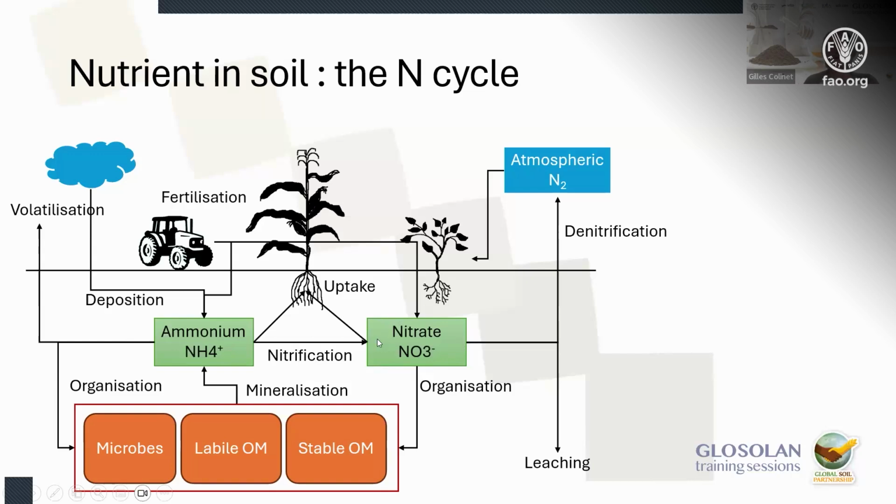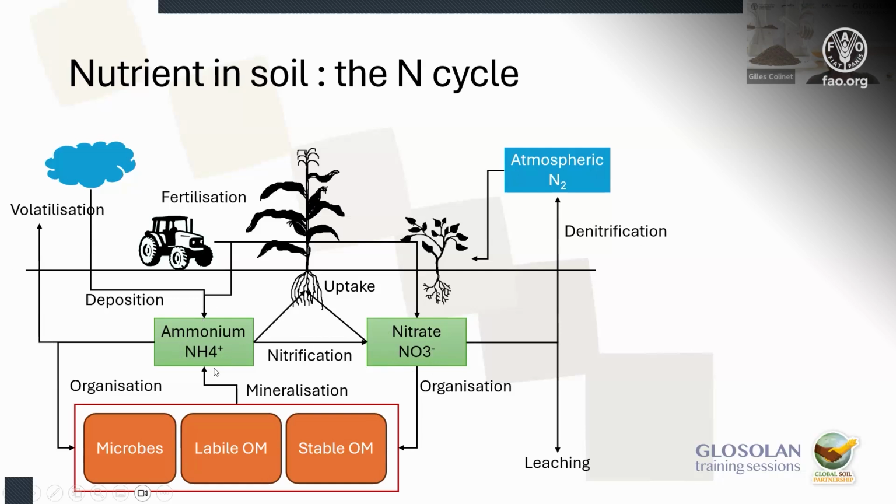That's the main source of nitrogen for most crops. And in the soil, the fate of the ammonium is to be either taken up by the plant, or nitrified into nitrate, or to be volatilized into the atmosphere.